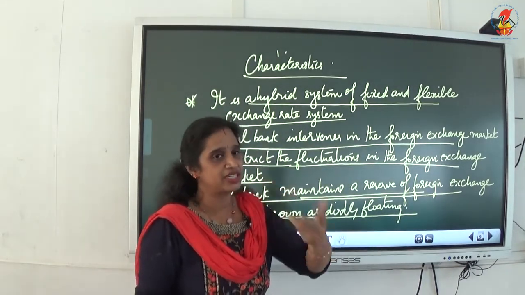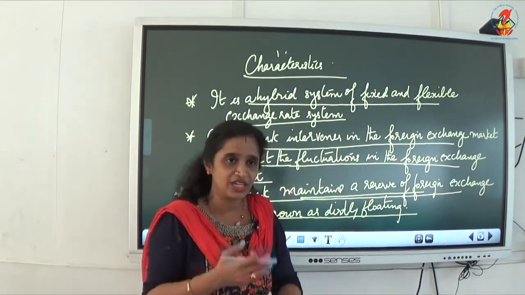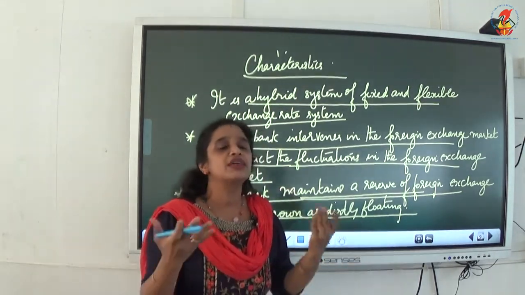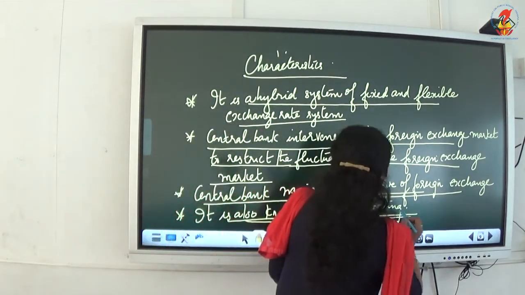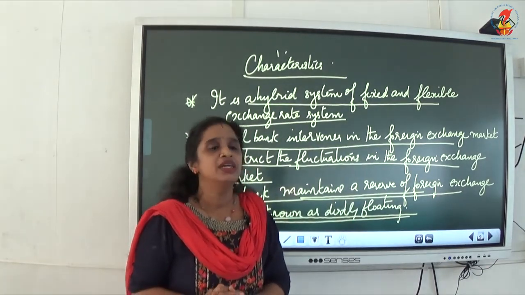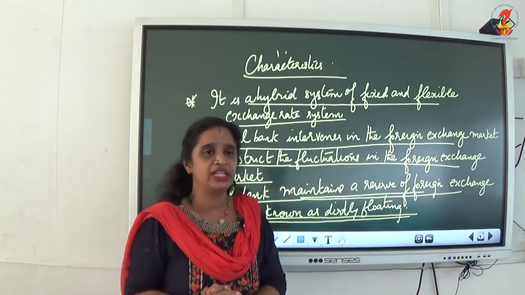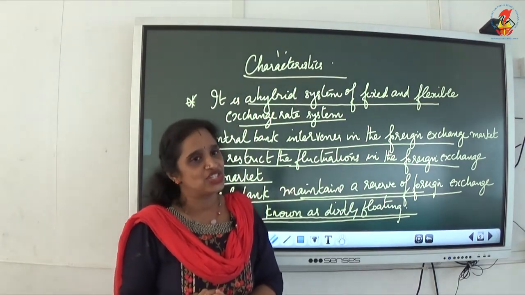Likewise, the central bank of a country will maintain a reserve because it has to buy and sell foreign exchange. Then, it is also known as dirty floating. So these are the features of managed floating. Now, in the next video, you will learn an example of managed floating.